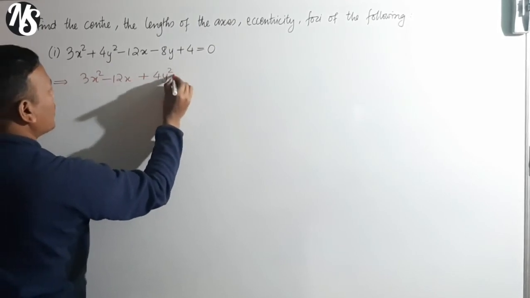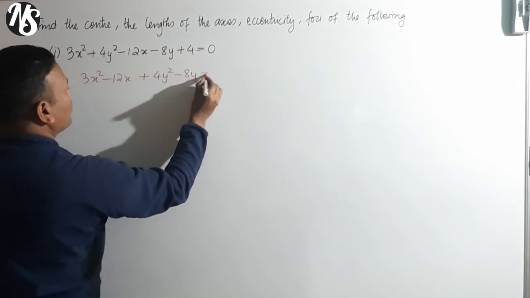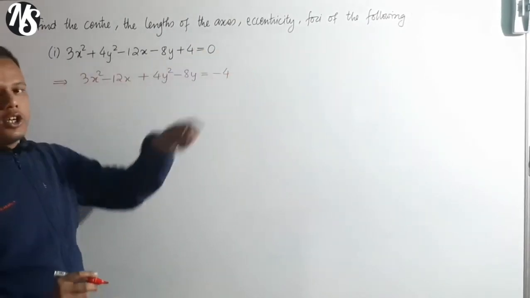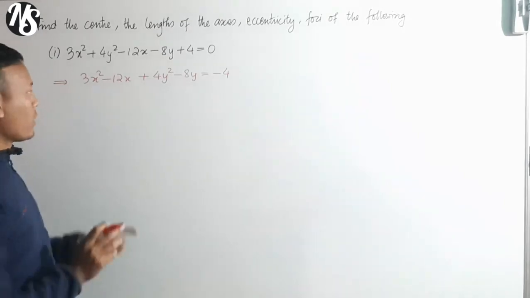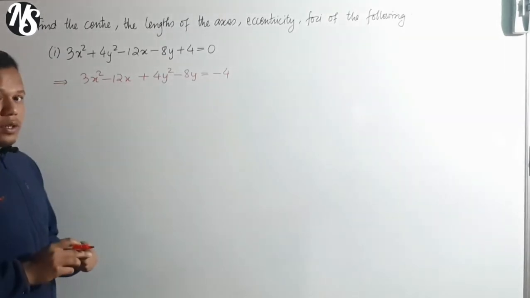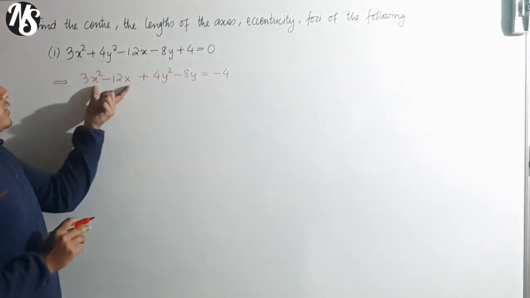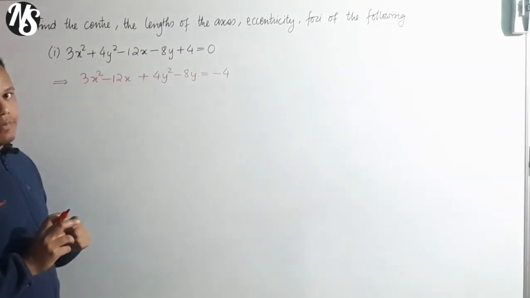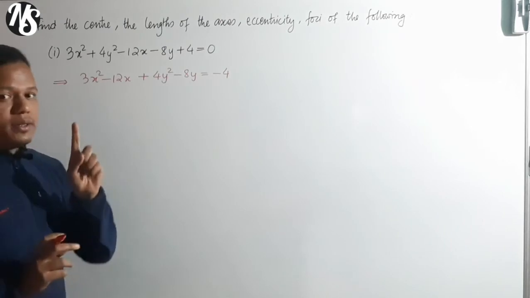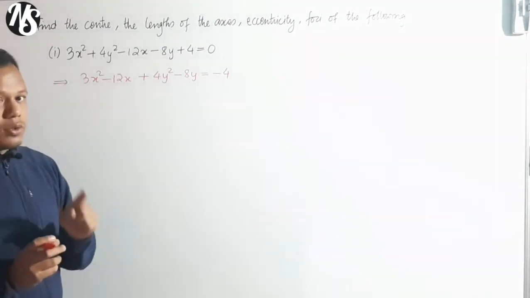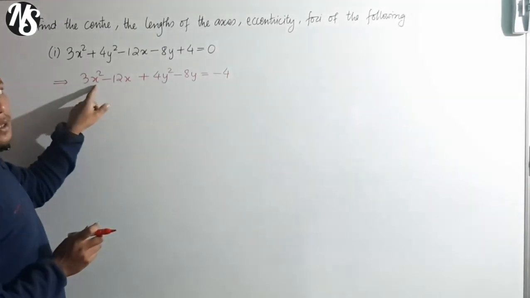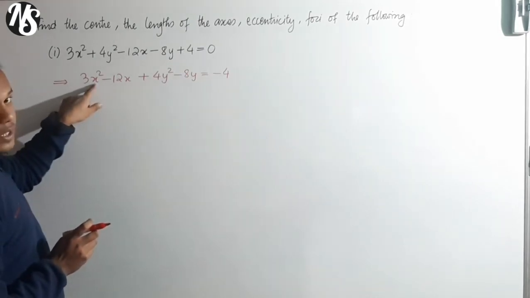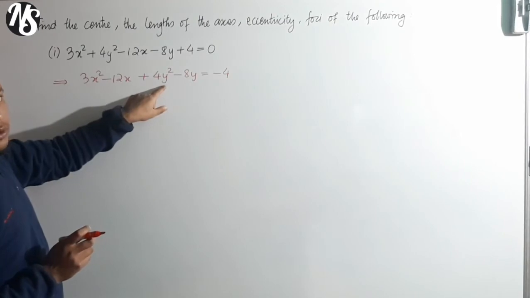So 4y square minus 8y is equal to minus 4. As I said, the constant has to be sent to the right hand side. Now in parabola, we changed this into perfect squares, if you remember. The same thing will be done, but you need to remember the square of the variable. For example, here x square is there and here we have got the y square.